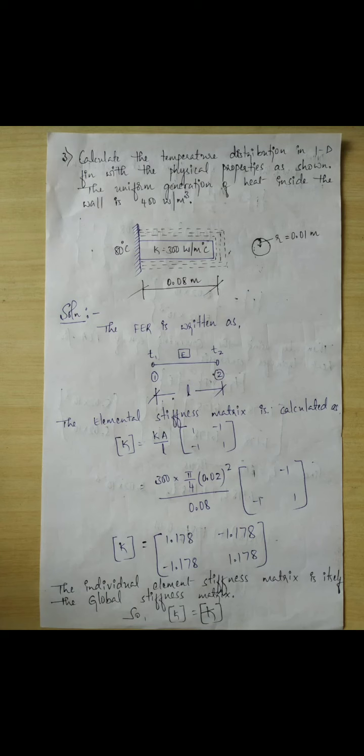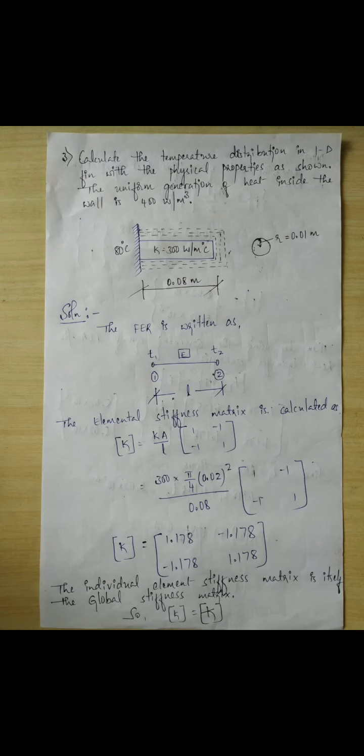That is, small letter k is equal to k into A divided by L, times the matrix 1 minus 1, minus 1 1. Here small letter k in the LHS represents the elemental stiffness matrix, and small letter k in the RHS represents the thermal conductivity. Students, sentences will be repeated.